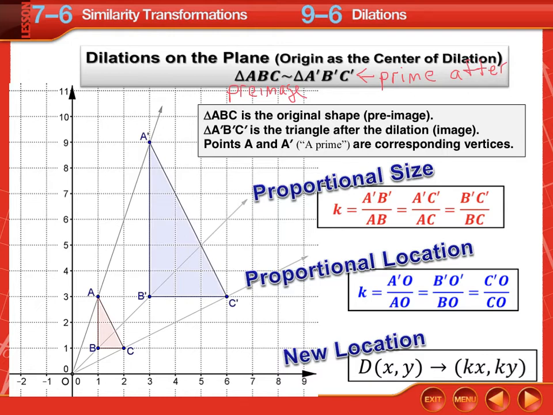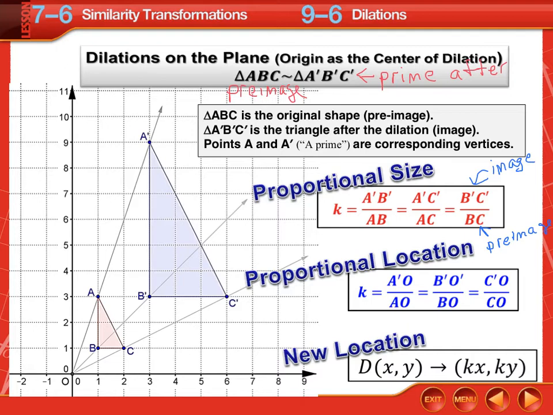The scale factor K is always written with the image sides on the numerator. So the numerator is going to be the image, that means after transformation. And the denominator sides are going to be the before or the pre-image. And by doing so, we can see that the scale factor here is going to be greater than 1.